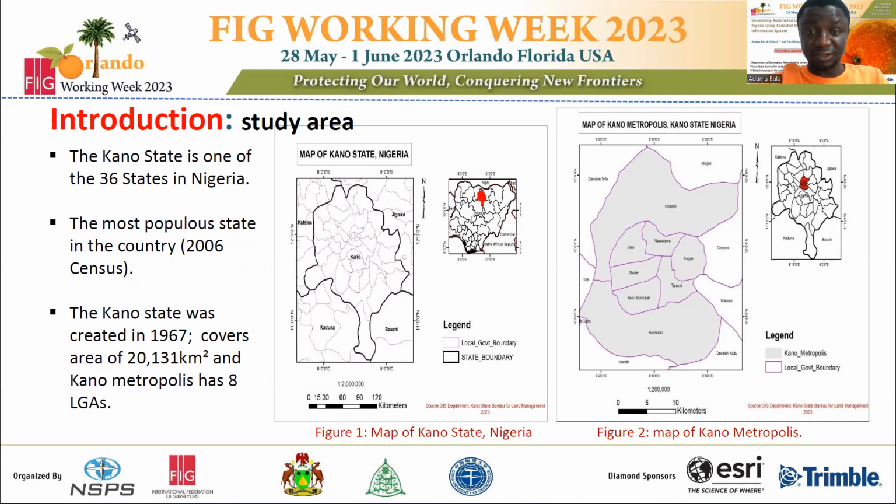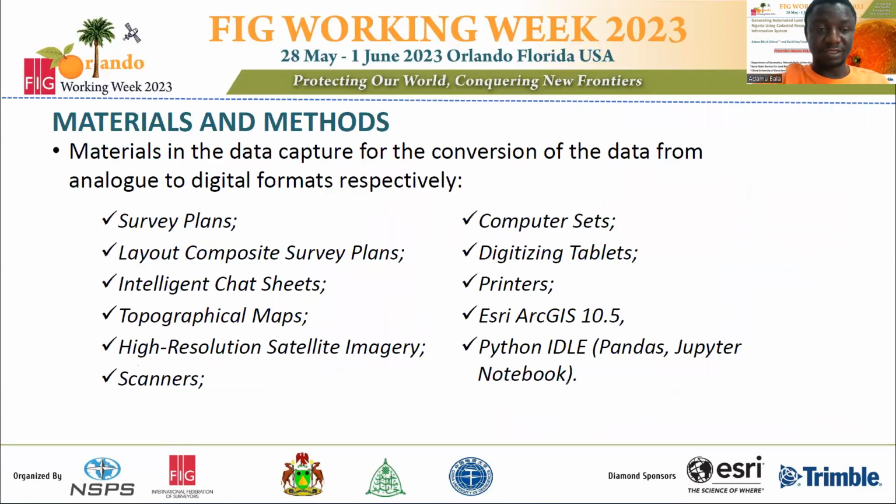The metropolis, which is the study area, has 8 local governments. Figure 1 shows the map of Kano State within Nigeria, and figure 2 shows the state metropolis covering about 8 local governments within the state.